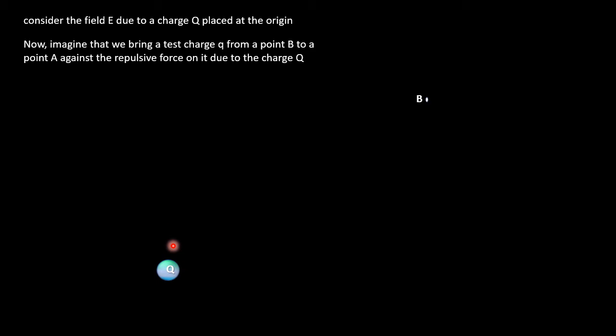Let us imagine we bring a test charge q from a point B to a point A. Here you know there is a repulsive force acting on this charge q. So we have to do external work to bring it from B to A.